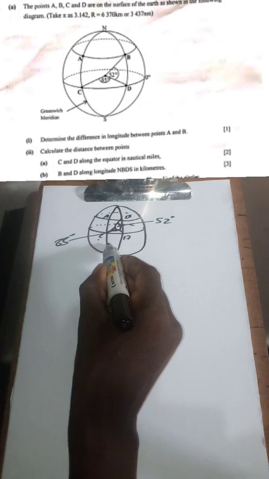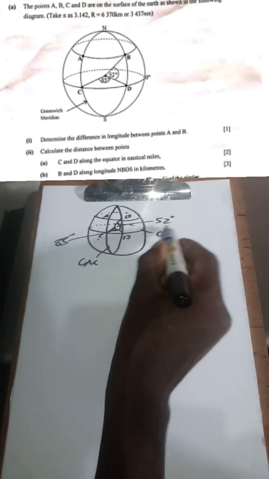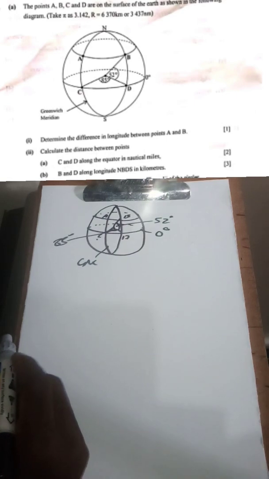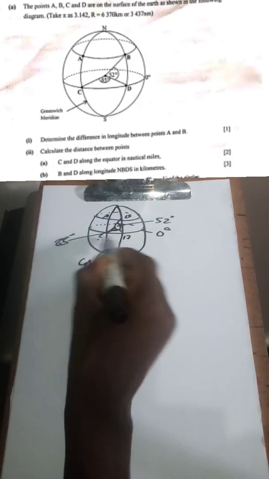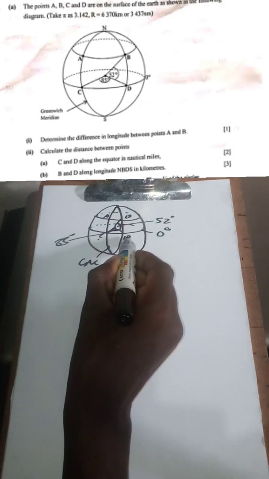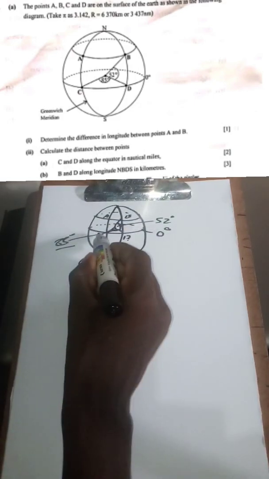We are given that this line is the GM, the Greenwich Meridian. Then this line is the equator, indicated using 0 degrees. Then we are being asked to determine the difference in longitude between A and B. This 85 degrees is the longitude difference between C and B. What helps us find this 85 degrees is the longitude on which C and B lie.